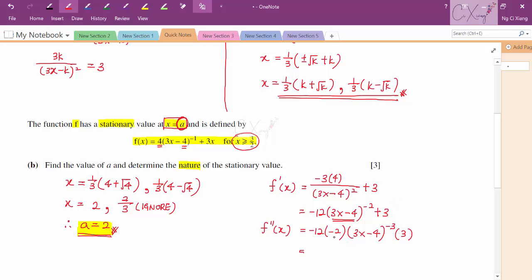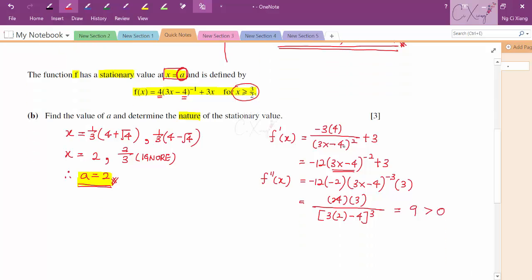From here, I will have 24 times 3, and then for the denominator, I will have 3 for the x. I need to substitute the x coordinate of the stationary point. So the x coordinate is equal to 2. I substitute the 2 here, minus 4, and the whole thing to the power of 3. For the second derivative value, I'll get a 9, and it is greater than 0.